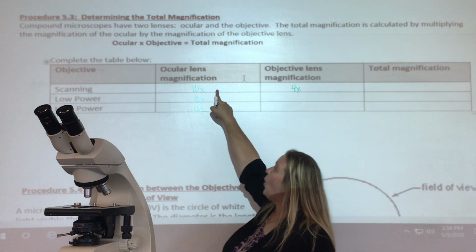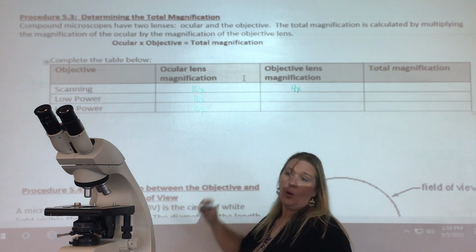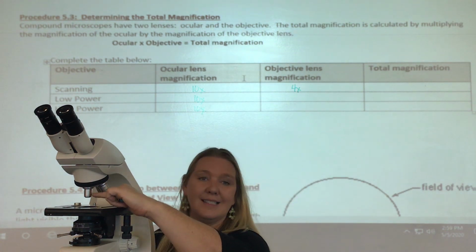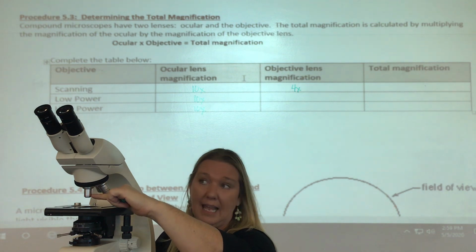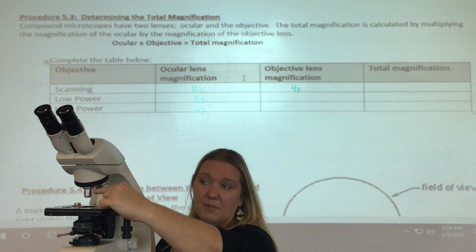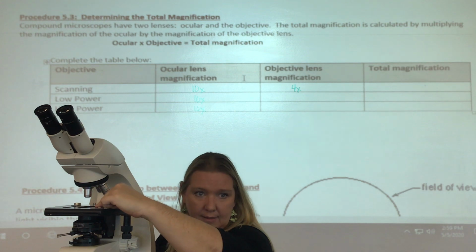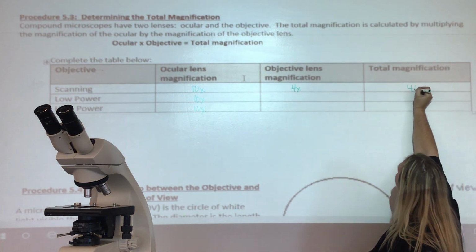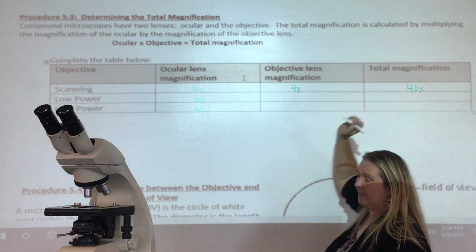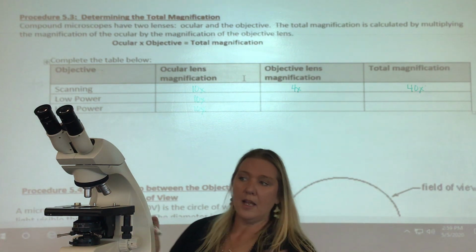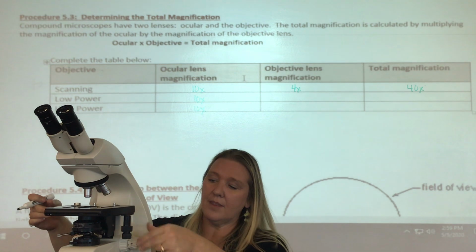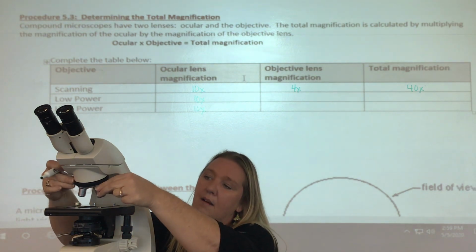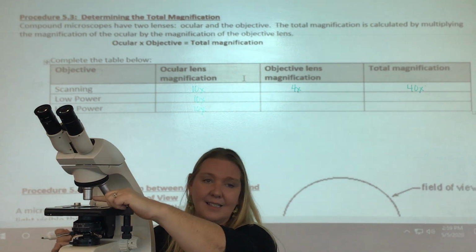So if I was doing total magnification, when I have the smallest scanning objective in place, 10 times 4 is what? 10 times 4 is 40x, okay?